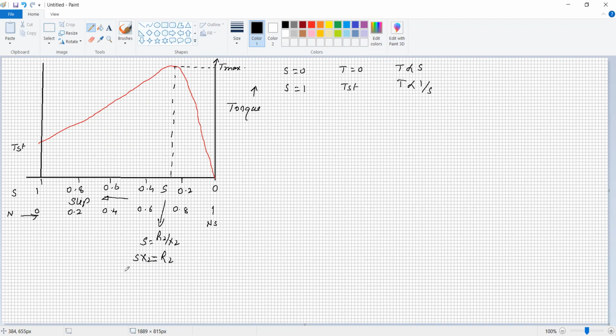So our first point of conclusion is that the maximum torque is independent of resistance. It means that if the resistance value is R2, and the resistance of the rotor is then increased to the next value R2 dash, which is equal to X2 into S, under such condition the torque slip characteristic will be like that.